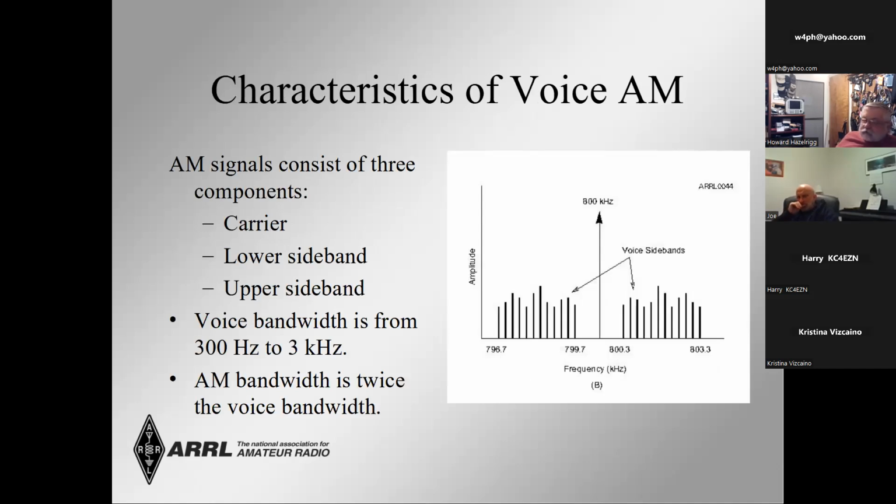AM signals consist of 3 components. The carrier wave, which, again, if you can see my pointer, is right here in the middle. Upper and lower side band. Voice bandwidth is from 300 hertz to 3 kilohertz. AM bandwidth is twice the voice bandwidth.